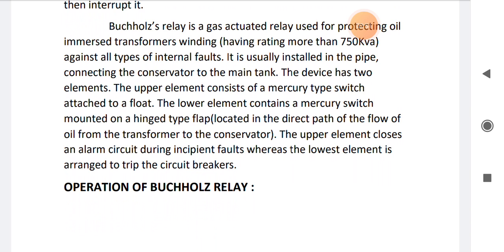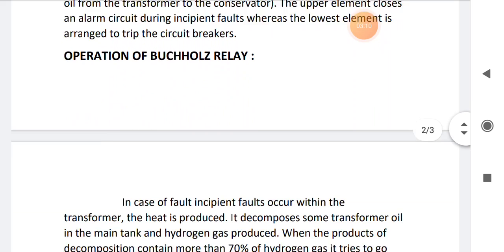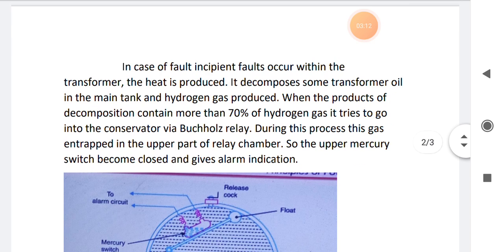The upper element closes an alarm circuit during an incipient fault. What is an incipient fault? It is a starting fault, or a fault which has just begun to start, whereas the lower element is arranged to trip the circuit breakers. When incipient faults occur within the transformer, heat is produced.